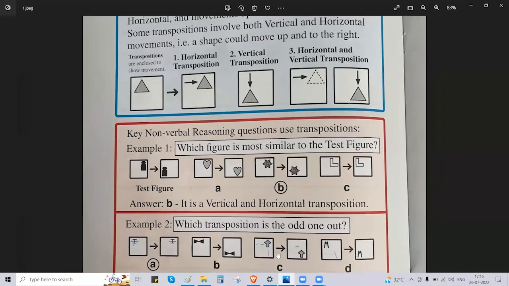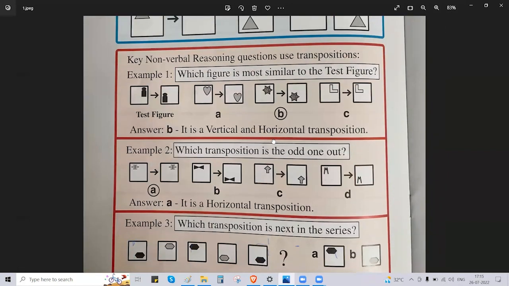Yeah. Great. Now it's time for question number 3. Okay. Question number 3 says, which transposition is next in the series. So it goes up and then to the right and then back down, and it kind of just travels all around the shape.